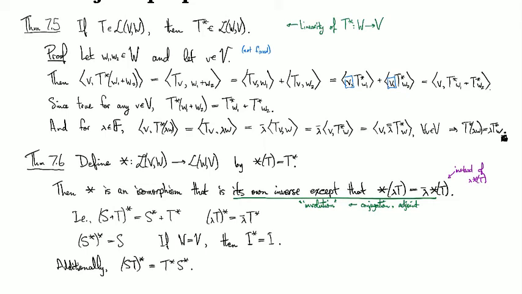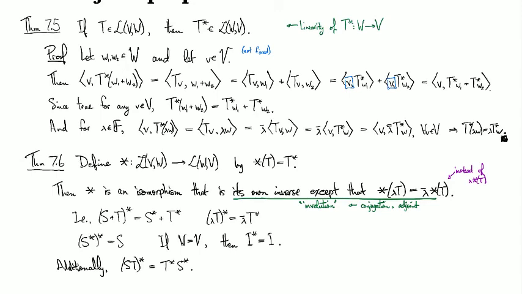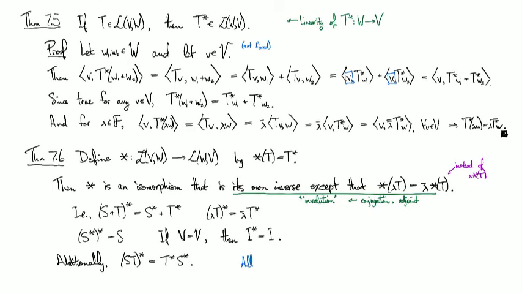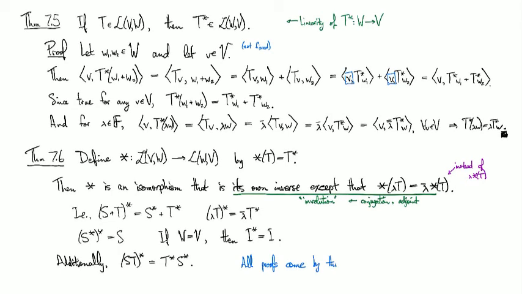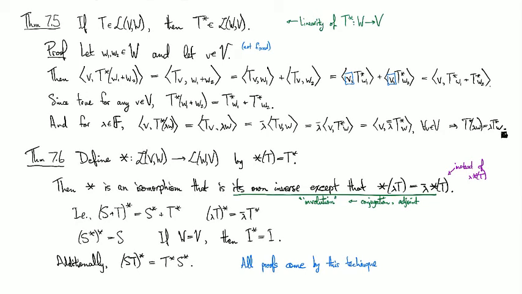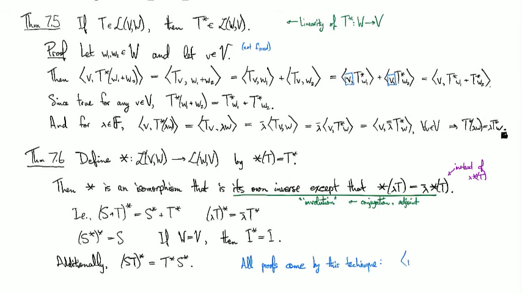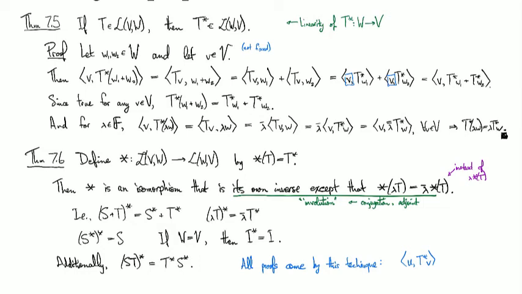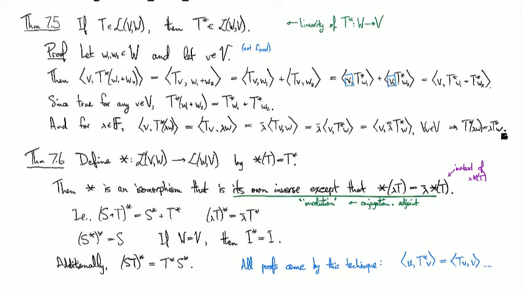Now, in order to prove all of these various properties right here, all of these come by the technique that we did above, and that is that you look at some expression that's got the adjoint on one side, you immediately move it to the other side, and then do a bunch of manipulation.